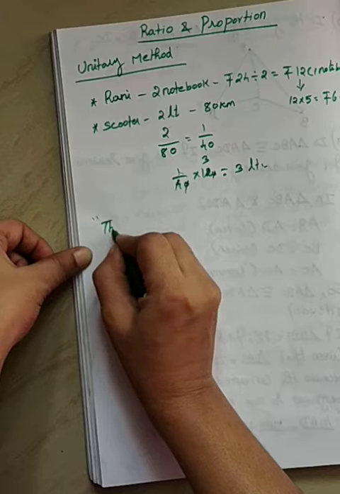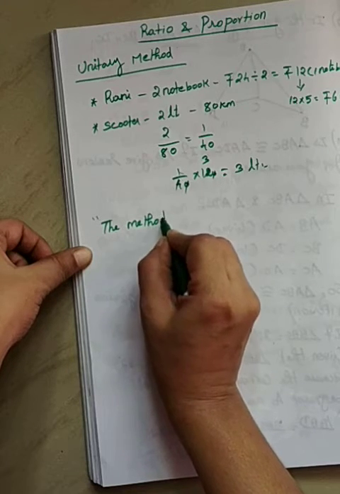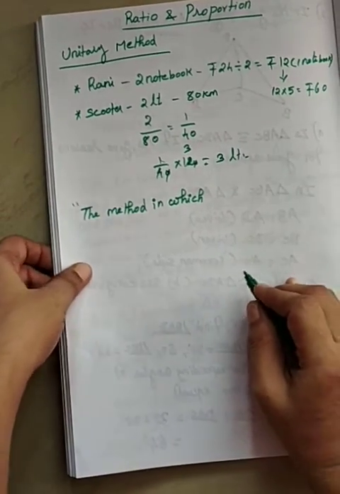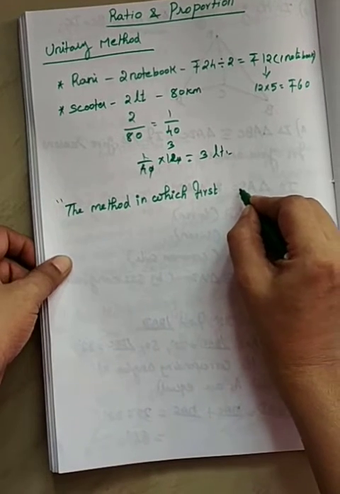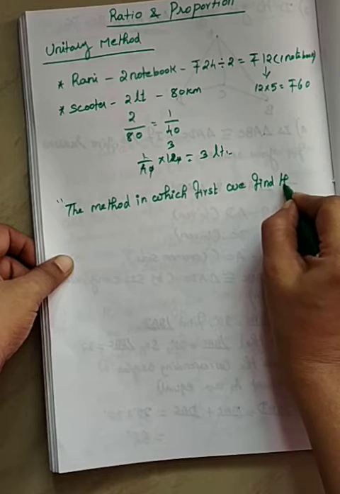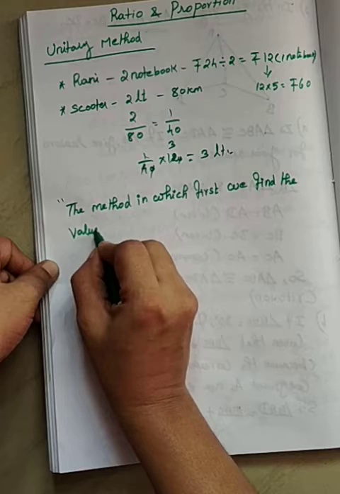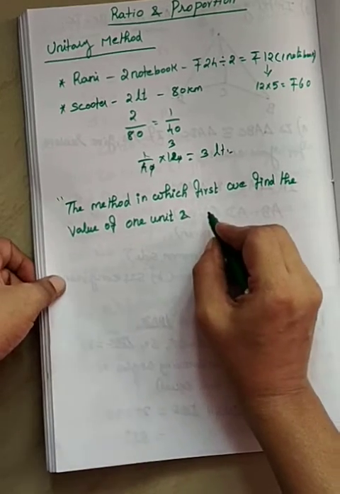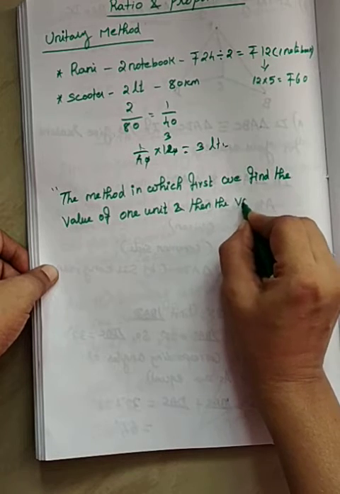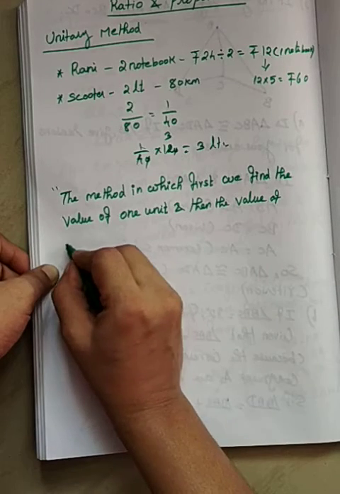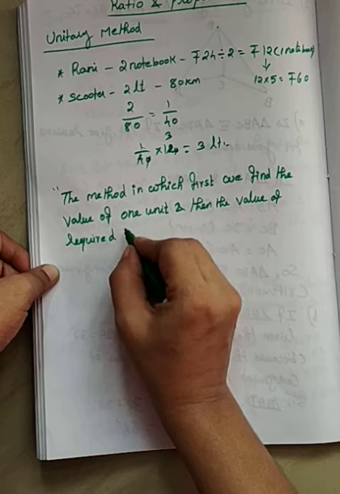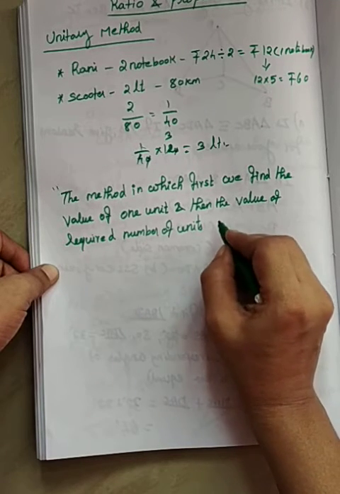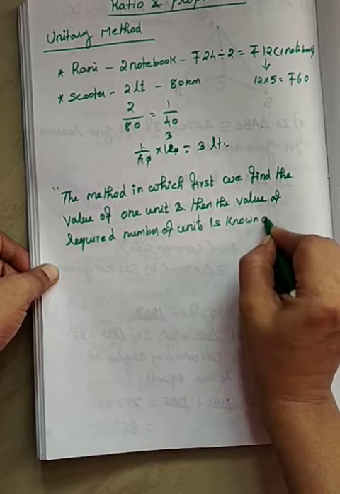See here, the method in which first we find the value of 1 unit and then the value of the required number of units is known as the unitary method.